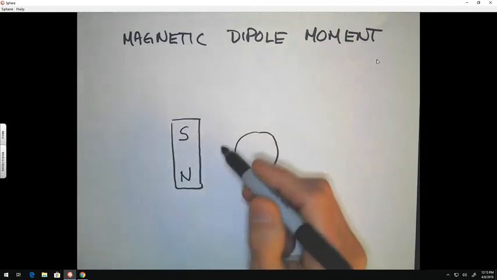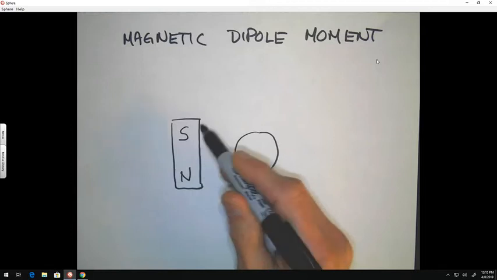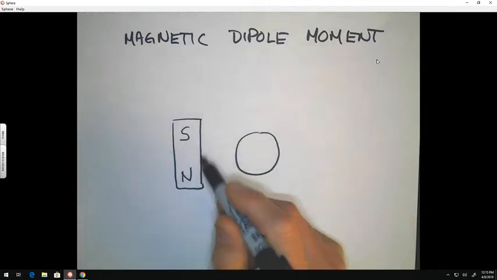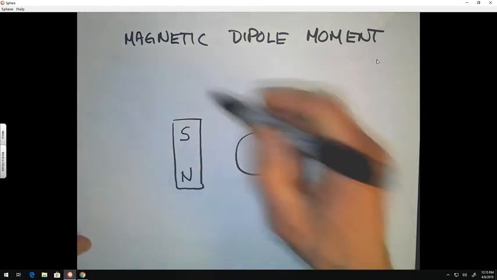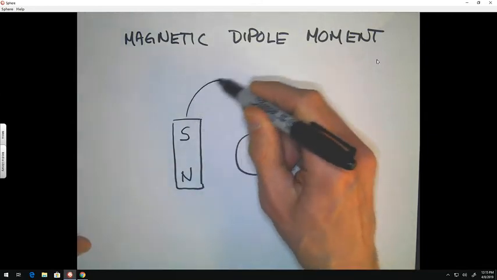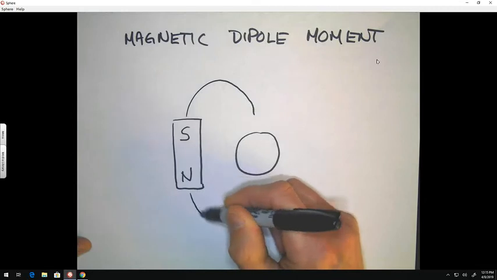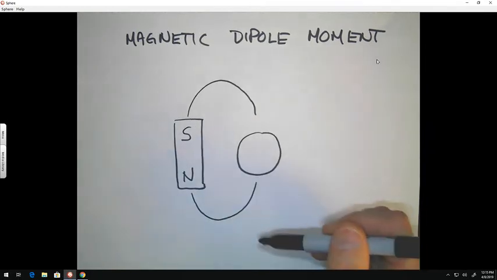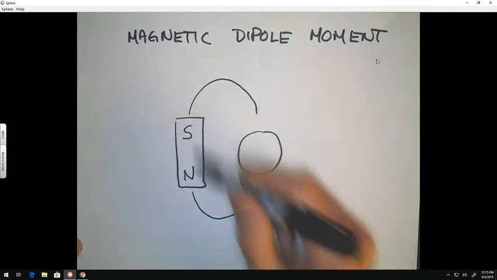It's very strong. It has a north pole at the bottom and a south pole at the top. We know that that magnet creates a magnetic field in the space around it. And that magnetic field is going to look a lot like the field that we see from an electric dipole with a plus and a minus charge.